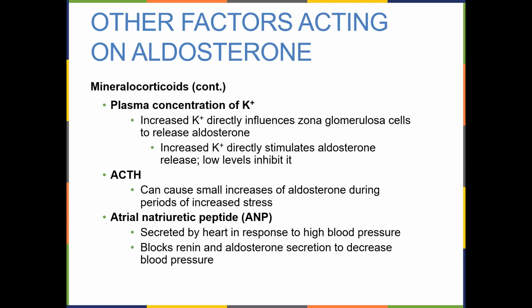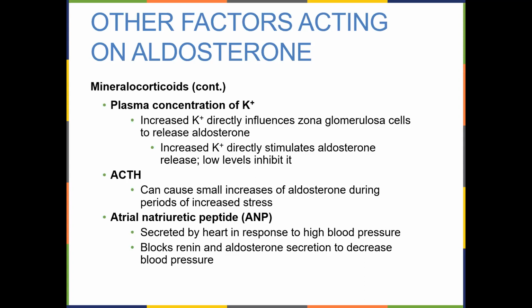Now, how do we deal with excess aldosterone normally? Atrial natriuretic peptide, ANP, from the atria of the heart. If our blood pressure goes up, the heart will detect it. I mean, who knows more about blood pressure than the heart? The atria are being stretched.